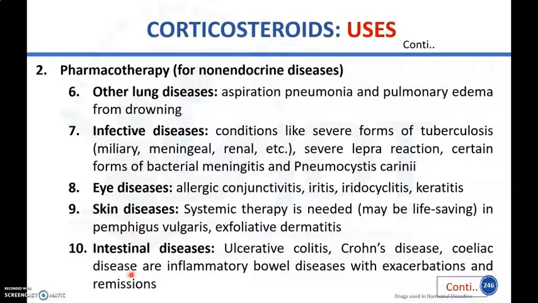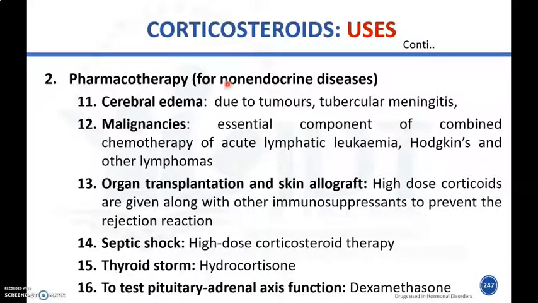And also we can use it for inflammatory conditions in the GI tract like intestinal diseases such as ulcerative colitis, Crohn's disease, celiac disease, which are inflammatory bowel diseases with exacerbation and remission. So corticosteroid can be used as an anti-inflammatory drug in case of ulcerative colitis.